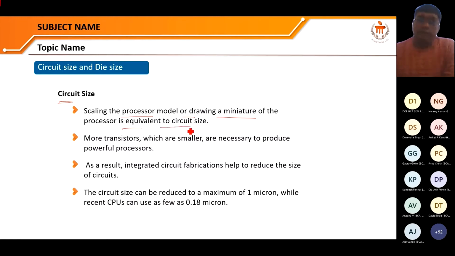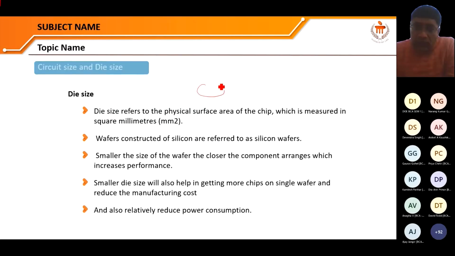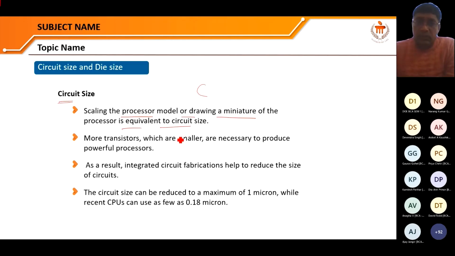If we are using any processor model or drawing structure, at that time the circuit size will be equivalent to the processor. More transistors which are smaller are necessary to produce powerful processors. Nowadays we are using smaller transistors to produce powerful processors, and it can reduce the size of the circuit and we will get powerful systems.